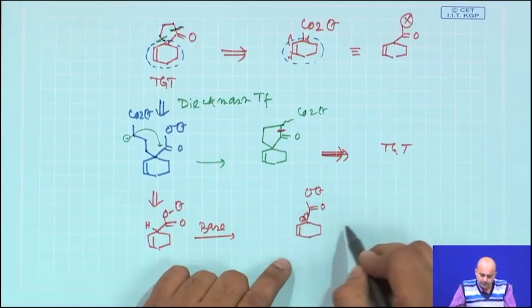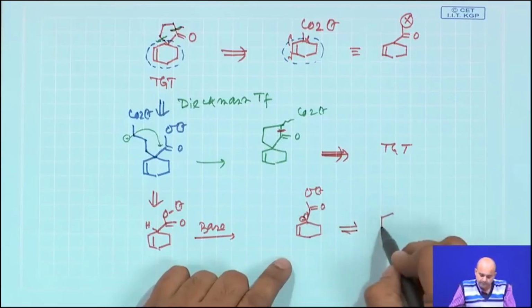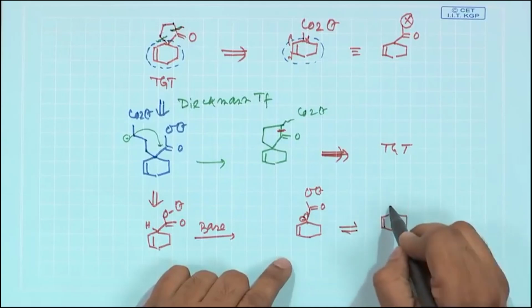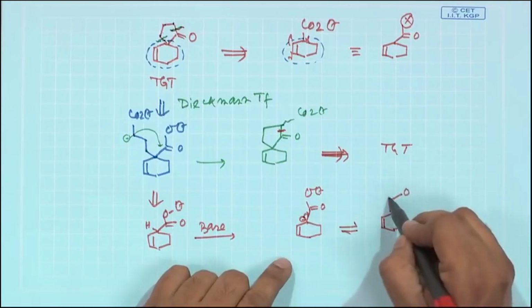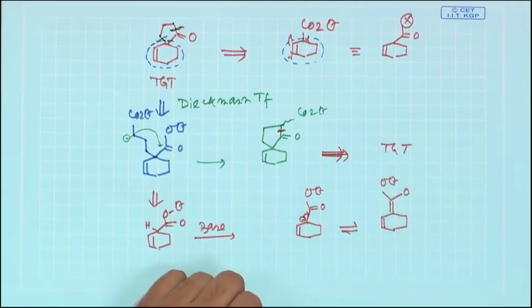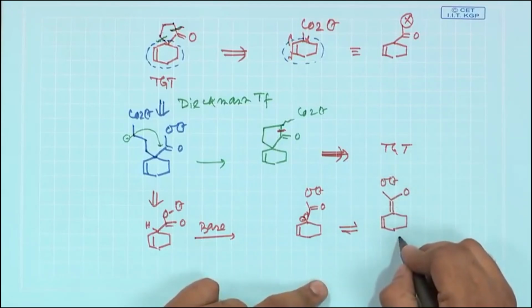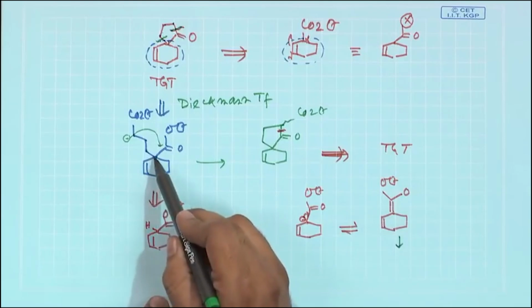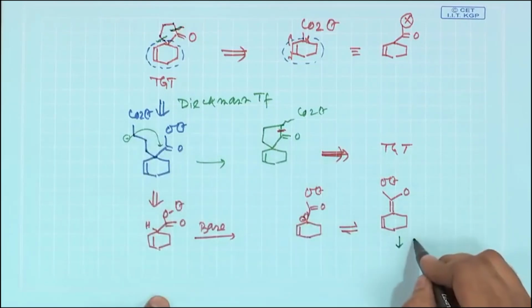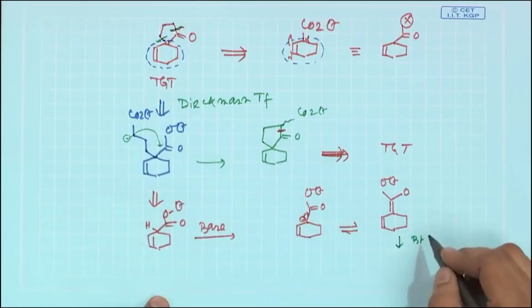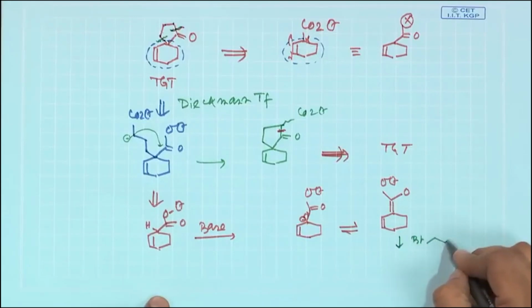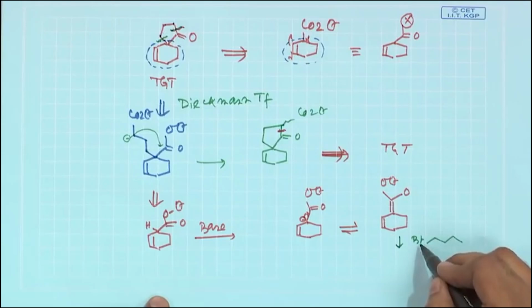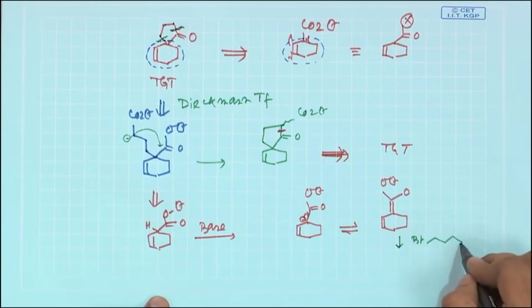Let us make this enolate first. Now, this enolate you can easily trap with some electrophile. The electrophile which we will be using here will give you this extra 3 carbon. Based on this information you select the electrophile: it has 3 carbons CH2, CH2, CH2, with a bromo at one end, and this OEt.